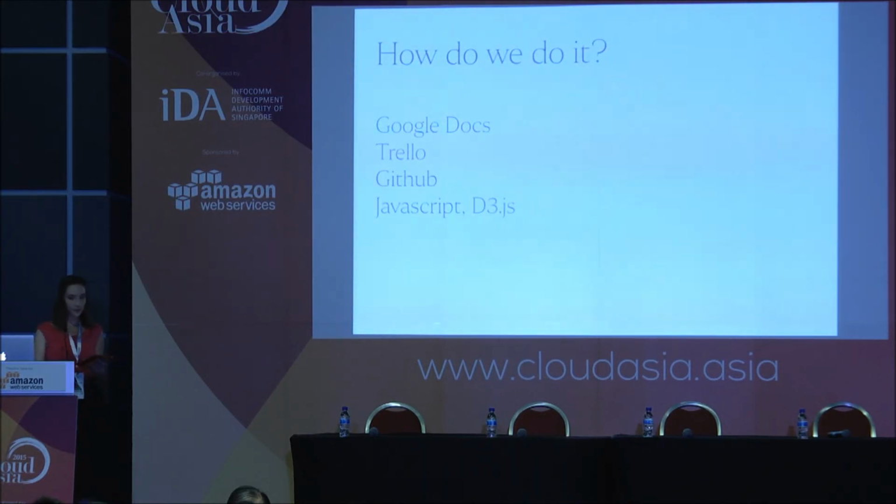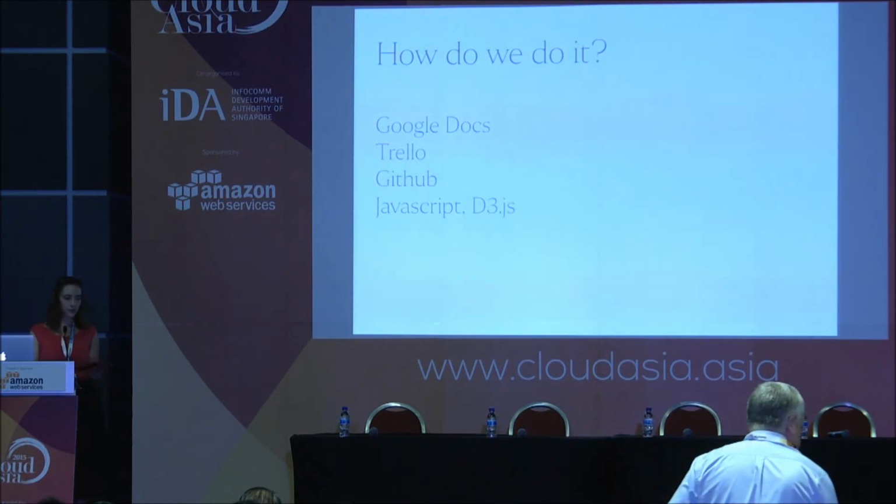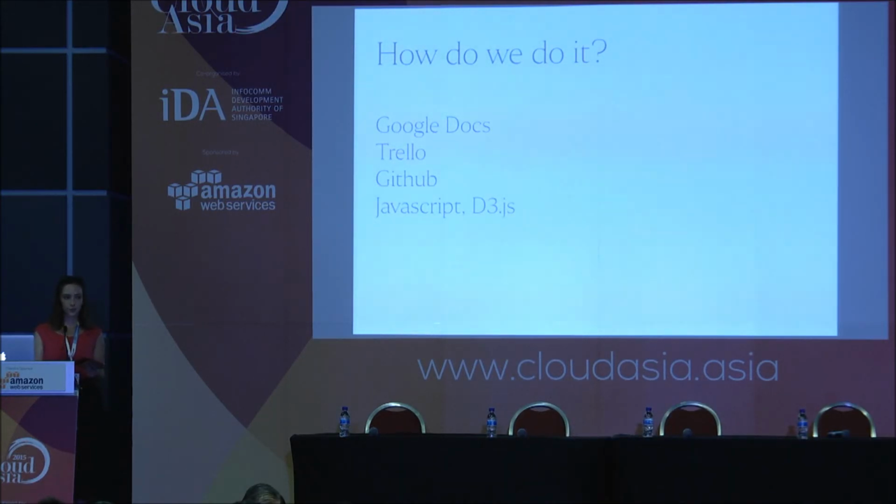So how do we do it? Honestly, without the advancements in cloud technology, I think our workflow would look a lot different and probably take a lot longer to do. We use Google Docs and Google Sheets like nothing else. It really is the easiest way for us to collaborate in the newsroom, collect, verify, and edit the data and the text.